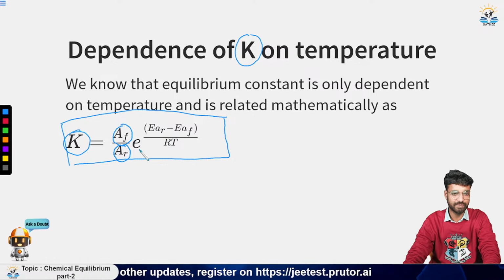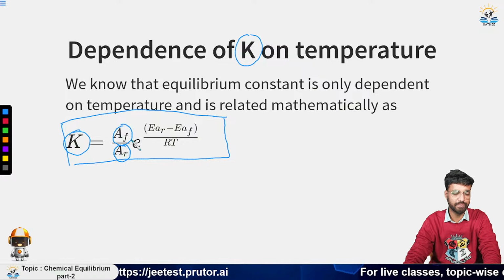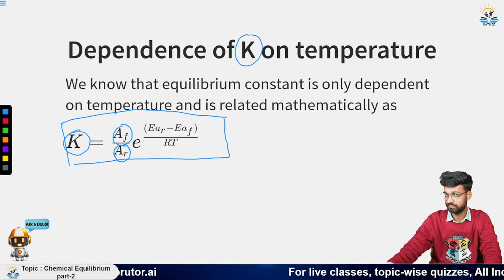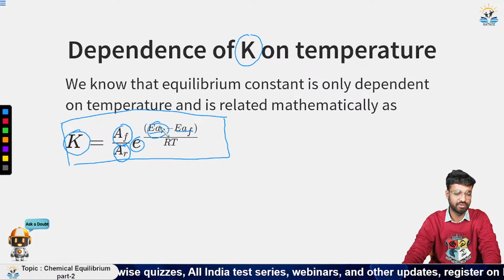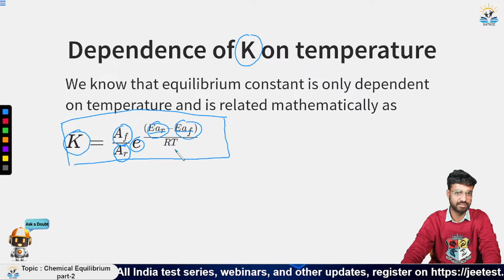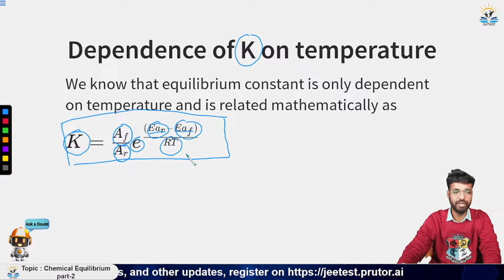E_A,R and E_A,F are the activation energies for the backward and forward reactions. You do not need to remember this formula.